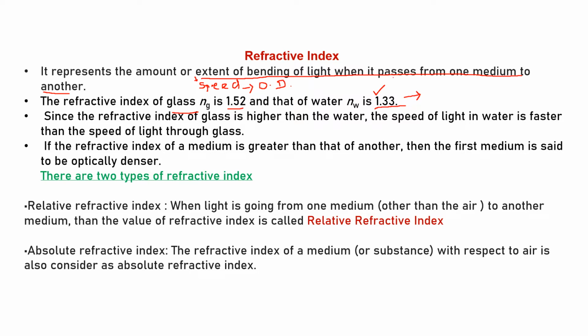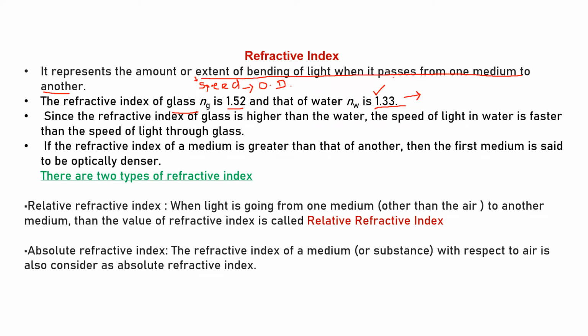Light travels faster in water because its refractive index is 1.33. So the lower the refractive index, the more will be the speed of light.